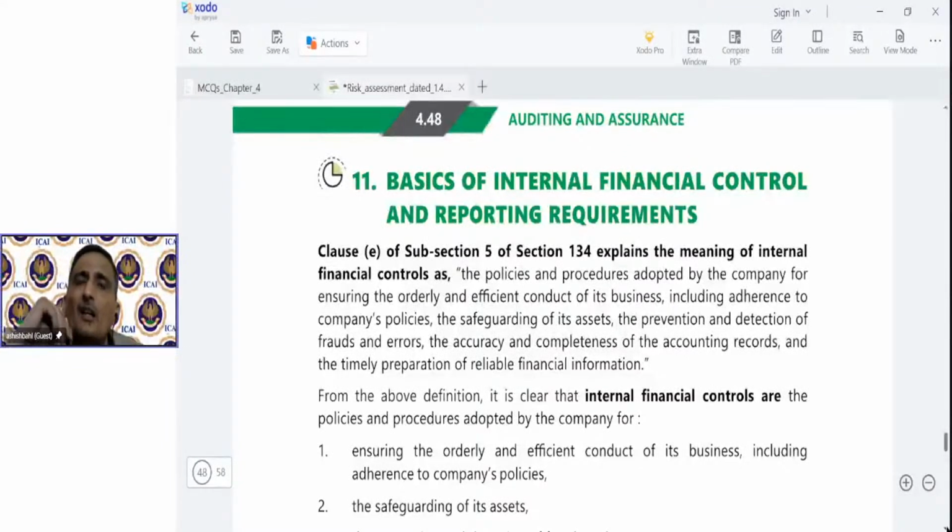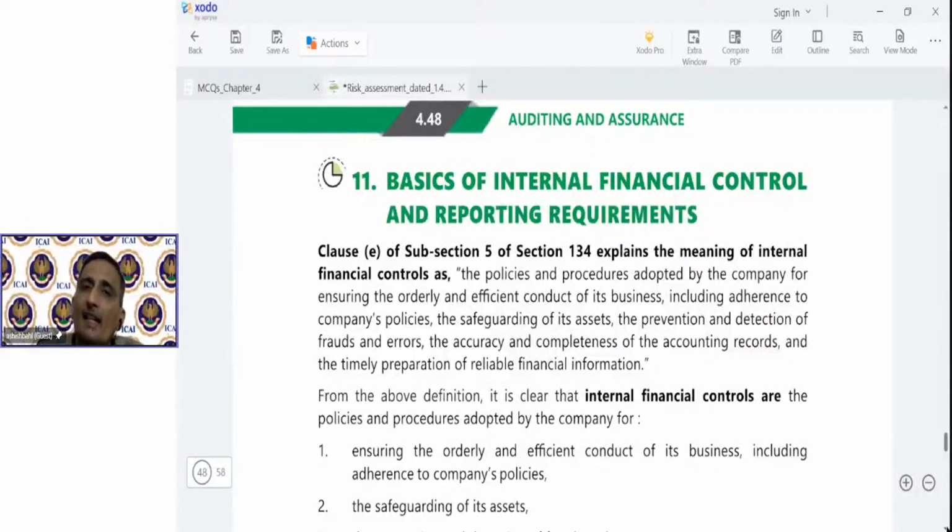So now you can also render internal audit services to the company. It would be a matter of agreement, a matter of contract between you and the company.